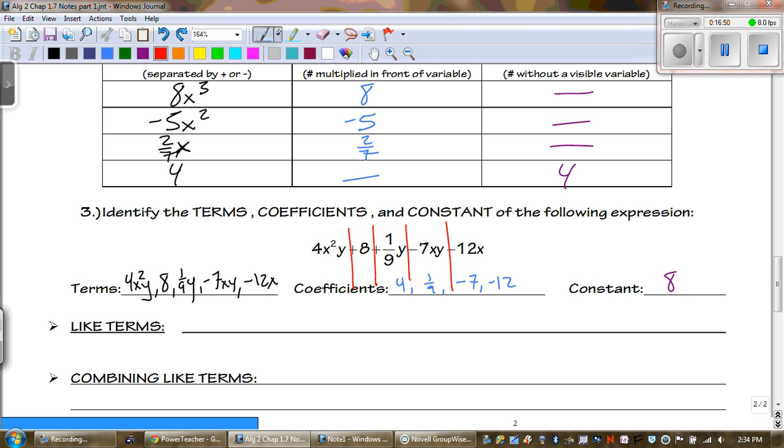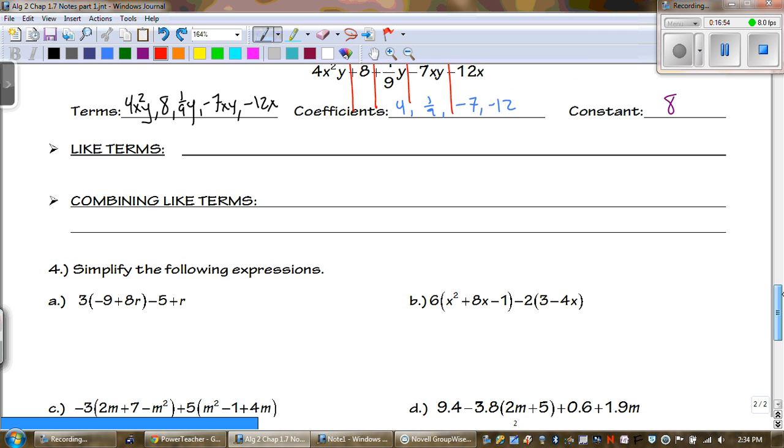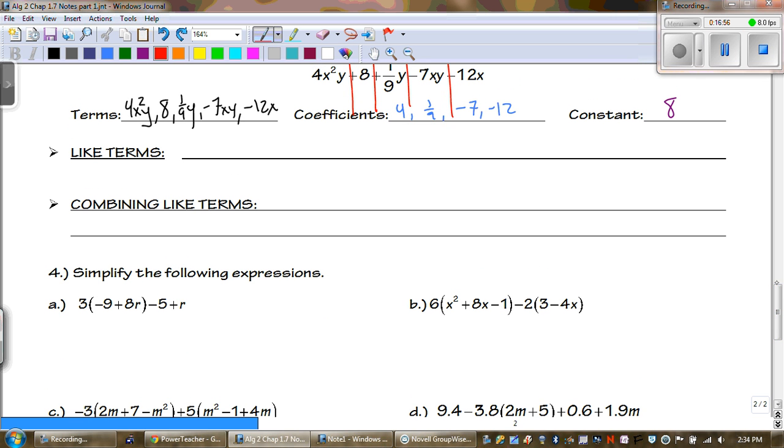Okay? So the key thing to know is when we're dealing with like terms. Okay? Like terms have the same variable and the same exponent. Okay?